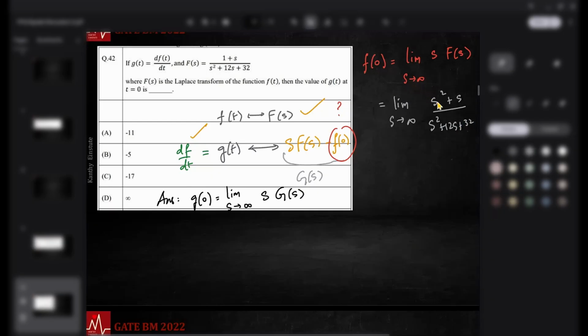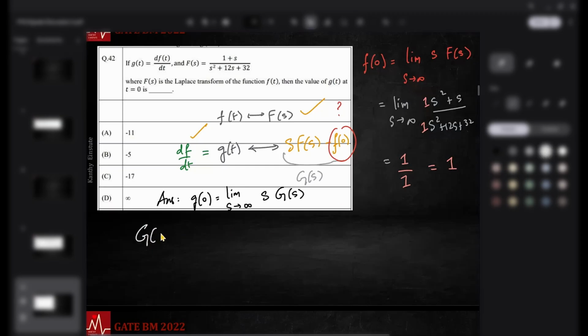As s tends to infinity, this term dominates. This has a coefficient of 1, and this has a coefficient of 1. So pulling out s square, the answer here is going to be 1 by 1 plus 1.